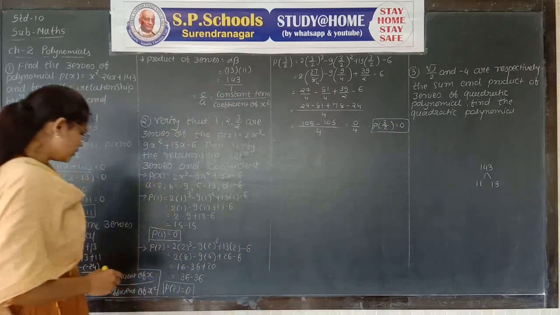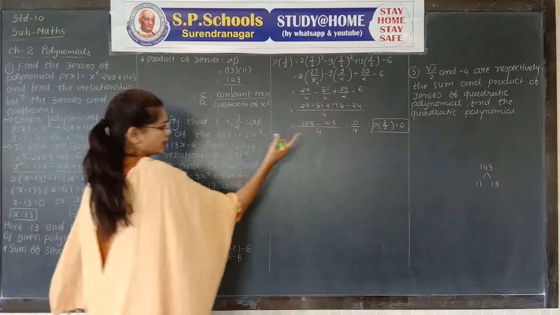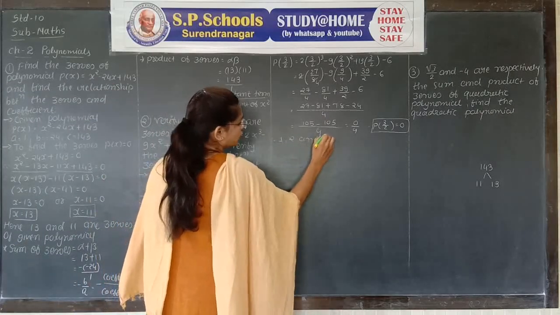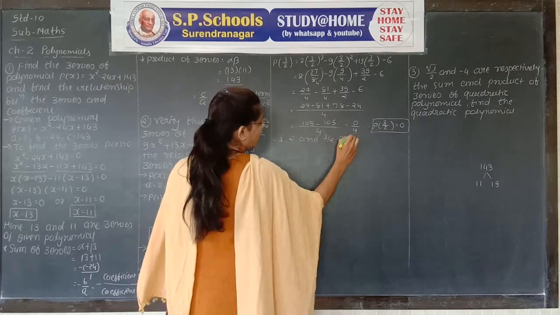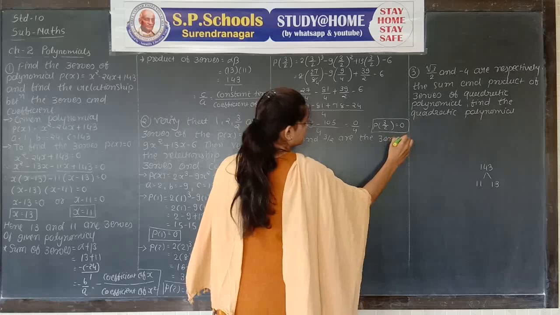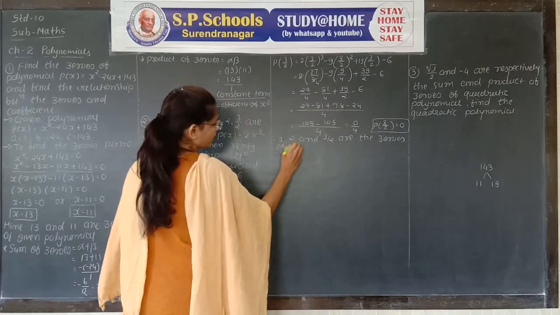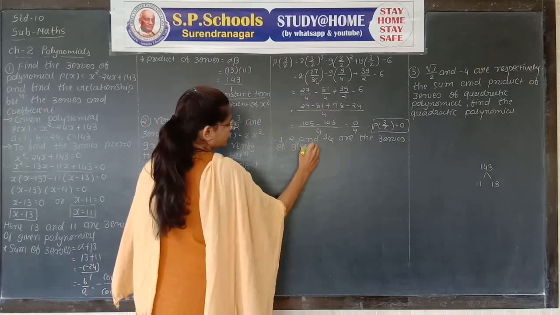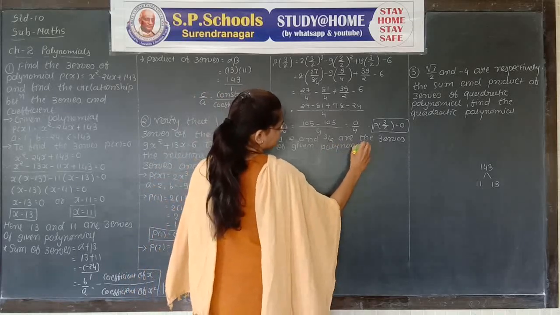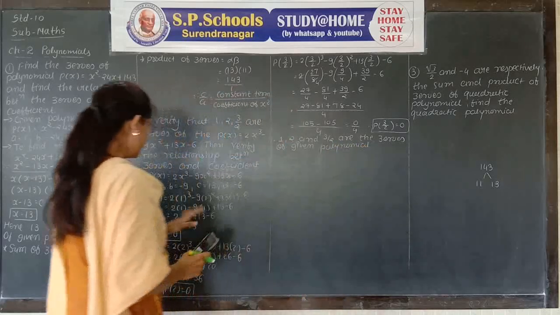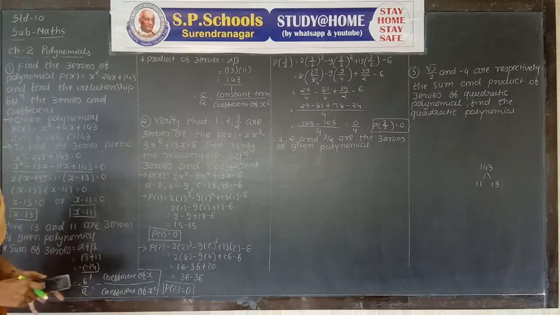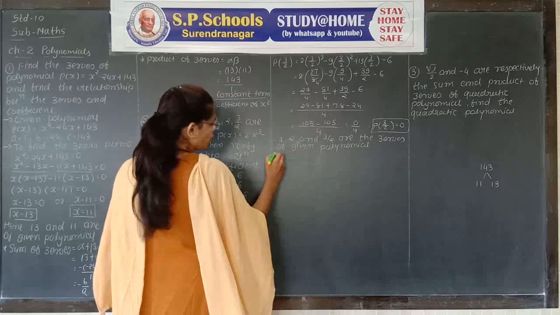Therefore, the first number 1, second 2 and third 3 upon 2 are the zeros of the given polynomial. Now we have to check the relationship, verify the relationship between the zeros and the coefficients.